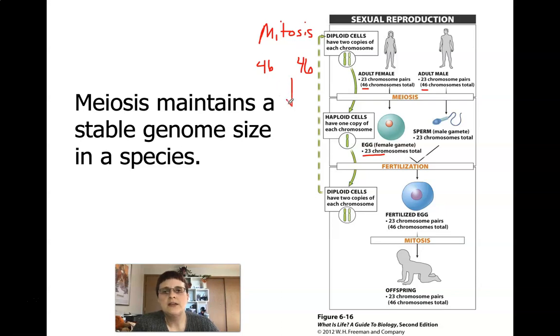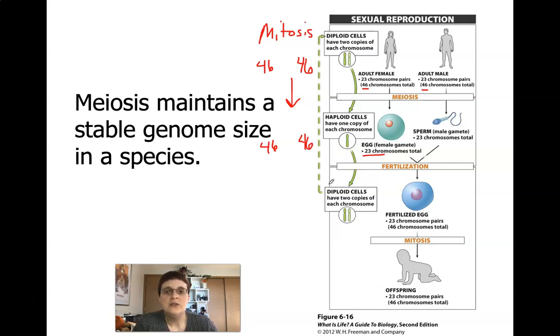If we used mitosis to make the gametes, we'd still end up with 46 and 46, because if we use mitosis, we're making genetically identical cells, right?